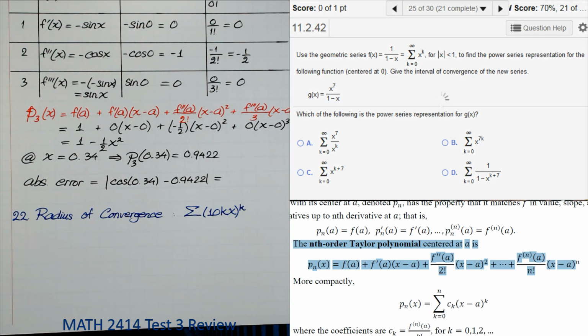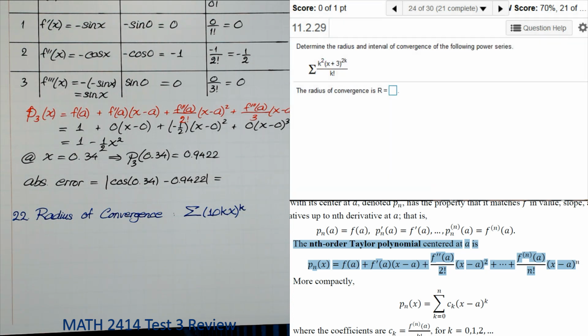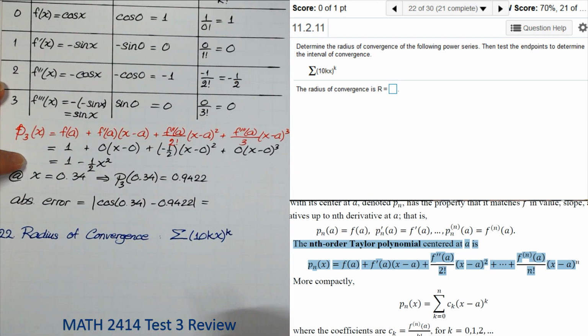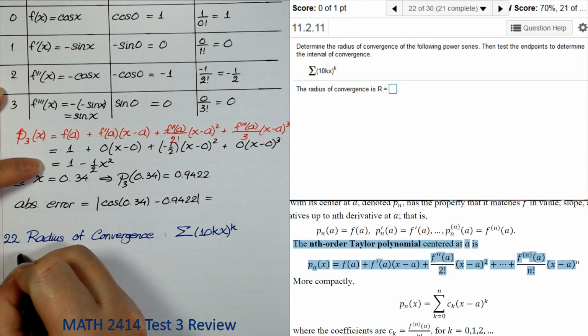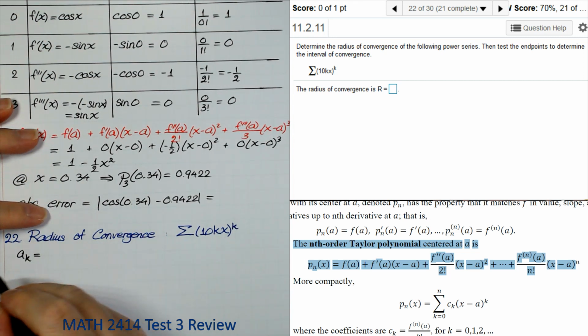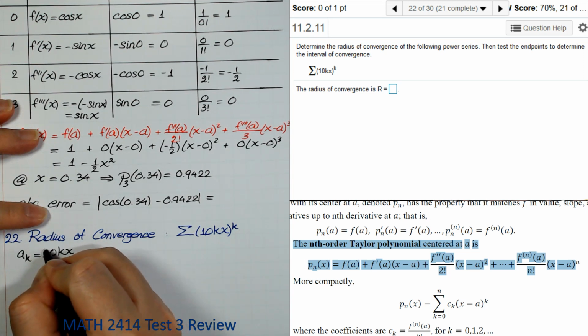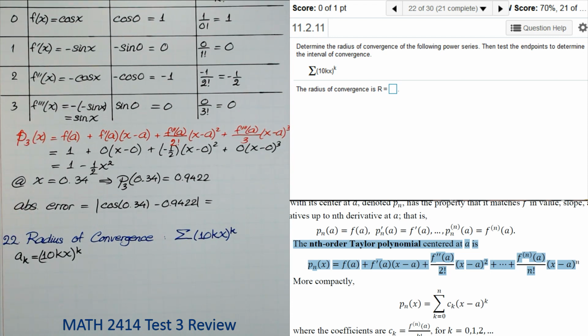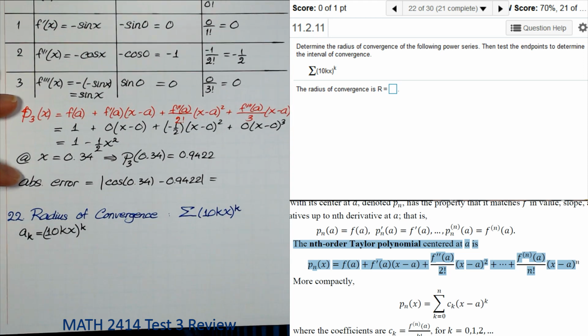I don't have to do the last 3 because that's just a table. Right. Ratio test. H of k equal to 10k x to the k power. Actually, this one root test is not going to be bad either. But ratio test, let's try that.